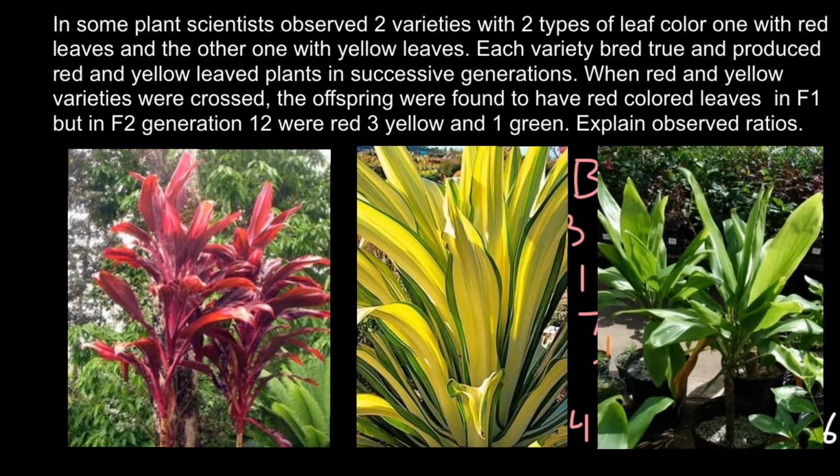So those people who live in temperate climates know that usually during the summer all leaves are green, but in the autumn when these leaves start to die, they may turn yellow, they may turn red.